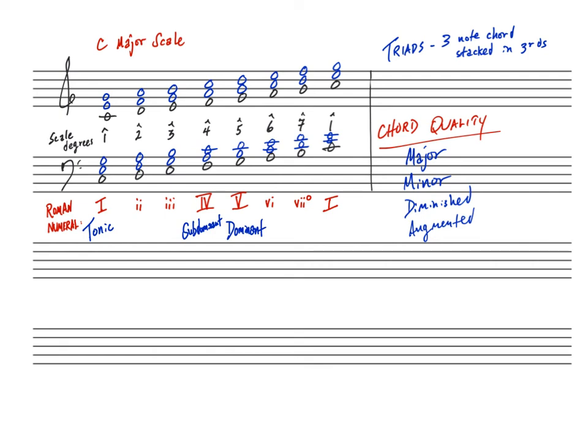We can also add sevenths to any of these chords by simply stacking another third on top, and you get different qualities of seventh chords. I don't think we'll really need that right now, except I will just mention one extremely important one, which is if I add another third on top of the dominant triad, I get what's called a dominant 7th chord.